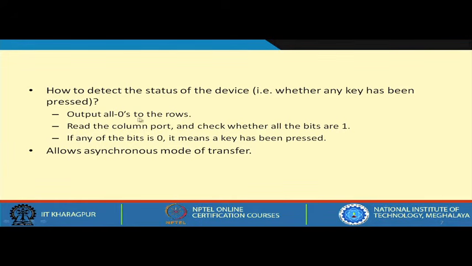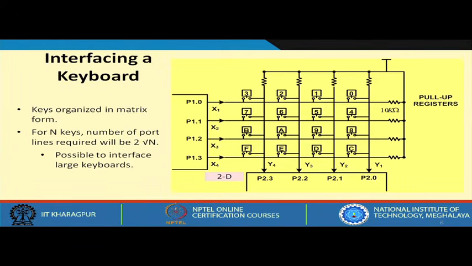You output all zeros to the rows, then read the column port and check whether all the bits are 1. If any of the bits is 0, it means a key has been pressed. Look at this diagram again. You output 0 0 0 0 on this port line. So, these lines are 0 0 0 0.